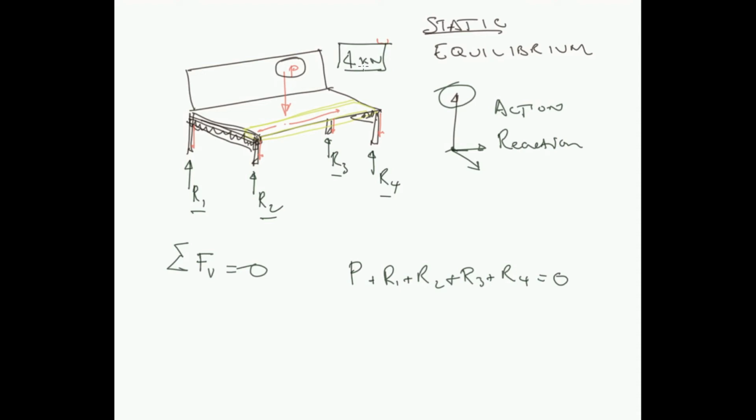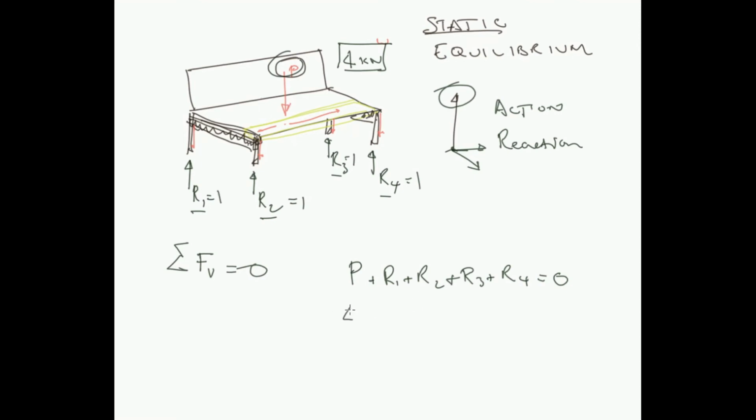But just to make things mathematically easy, if that force is in the bang center of this seat, so equally distant to each of these legs of the bench, then each of these reactions would come out at 1 each, because that force would equally distribute. And then for static equilibrium, each of those reactions would act in the upwards direction, so in the opposite sense to this load, and added together would give the total sum equal to 0.